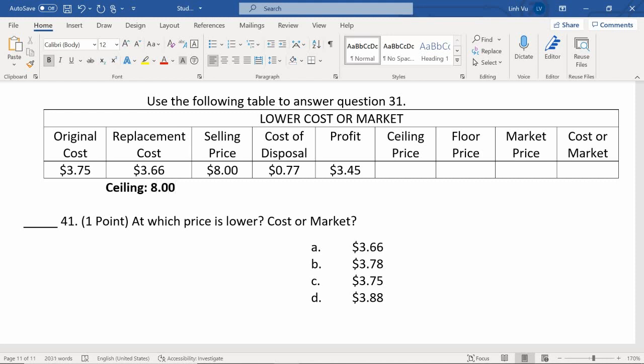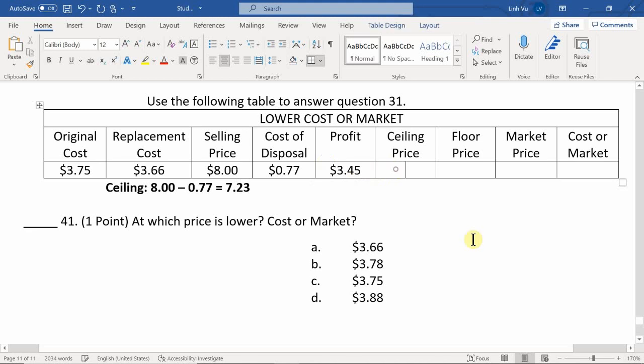$7.23. Yes, we take our selling price minus the disposal cost, which gives you $7.23. Perfect.